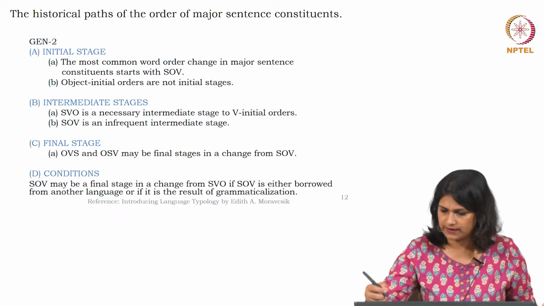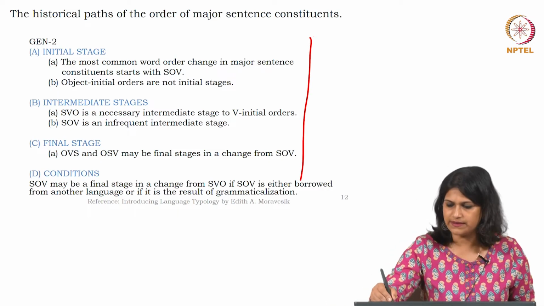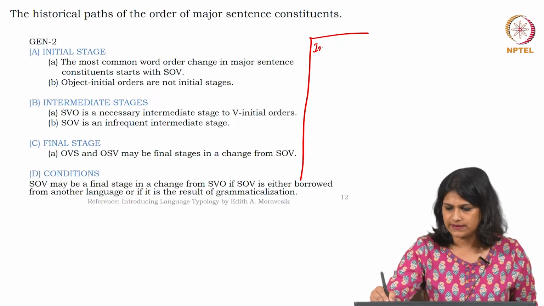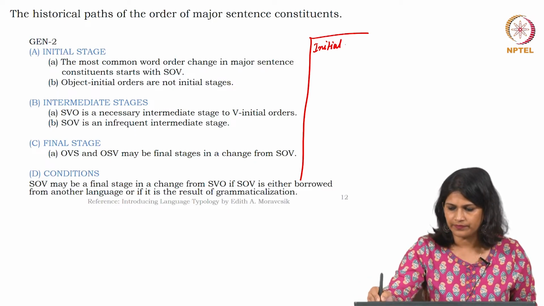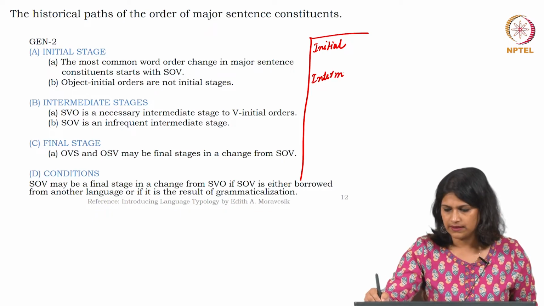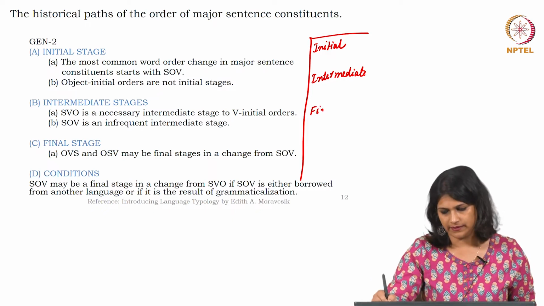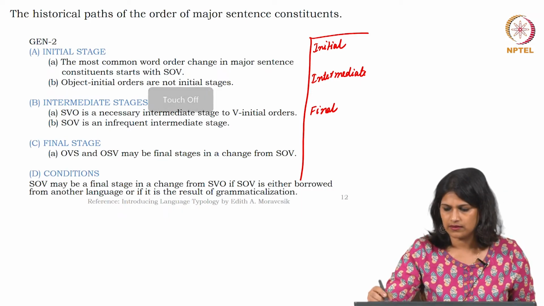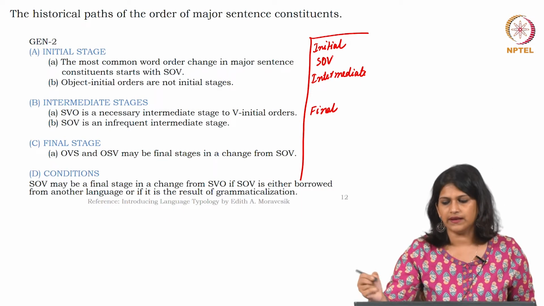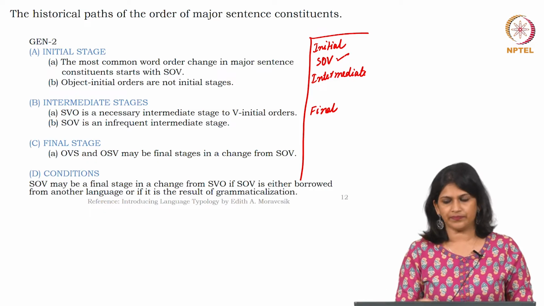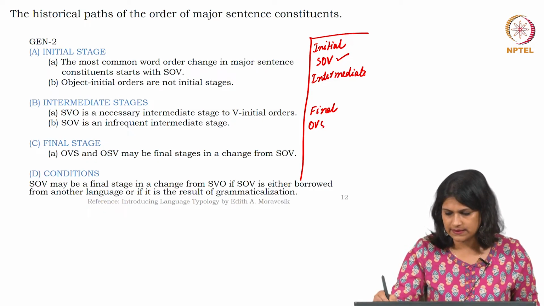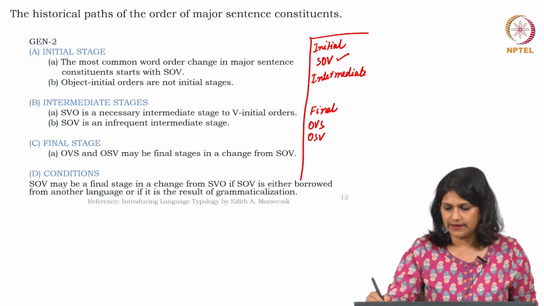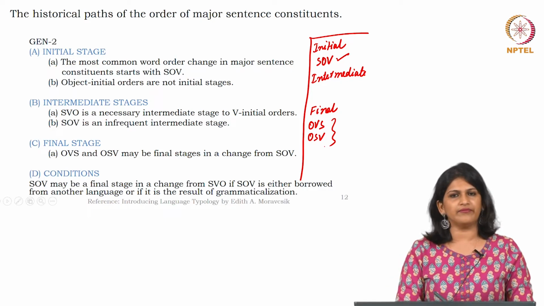So, these are the intermediate. Maybe I am going to write it like this. To put it in simpler terms, if it is initial, intermediate and final, right. So, SOV is definitely initial, and OVS and OSV are definitely final.